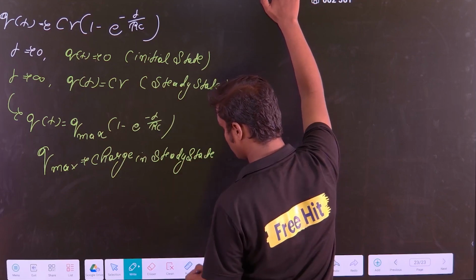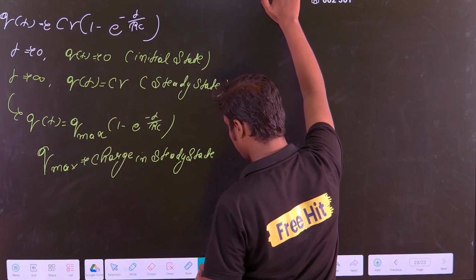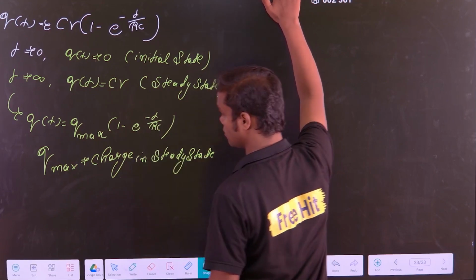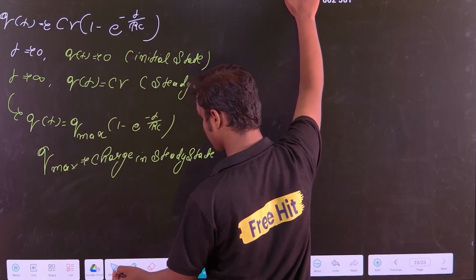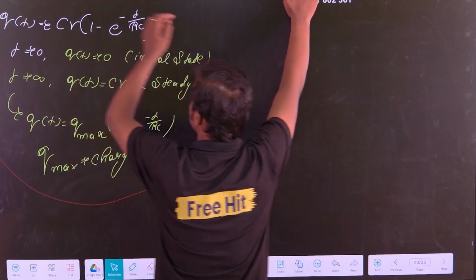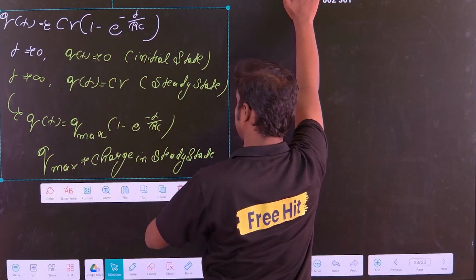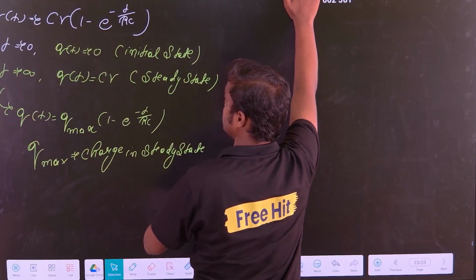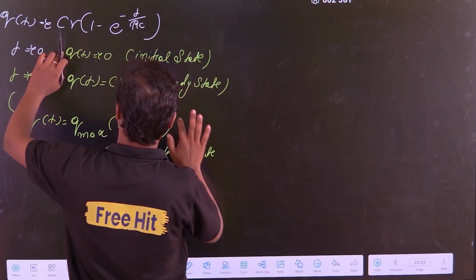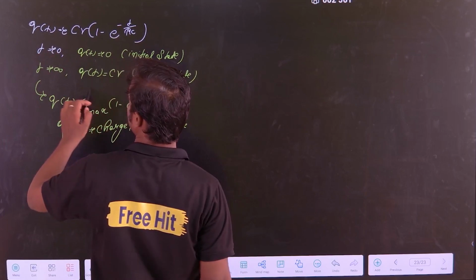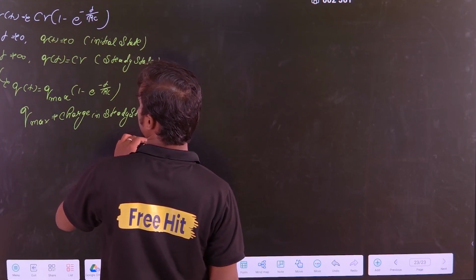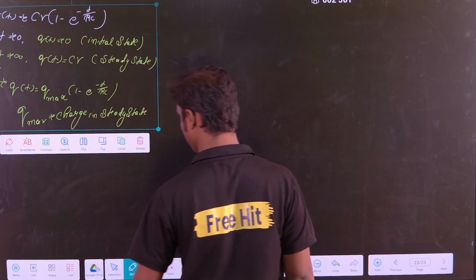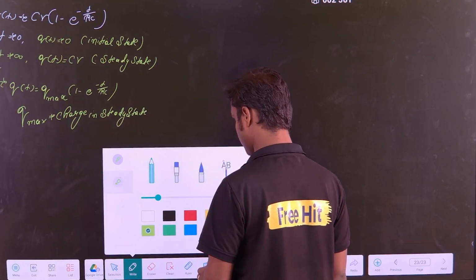So if someone asks you to draw the graph, can you draw the graph? Yes, no problem. If you know the equation, there is no problem in drawing the graph. You are my student, and if you are following me, all your concepts will be very crystal clear.